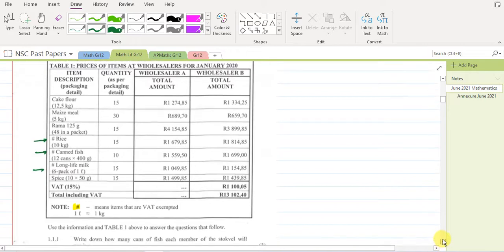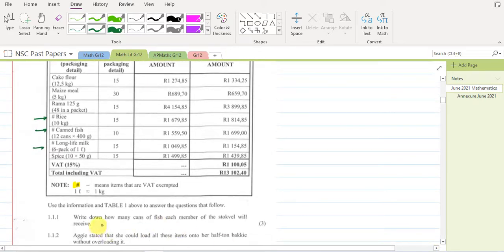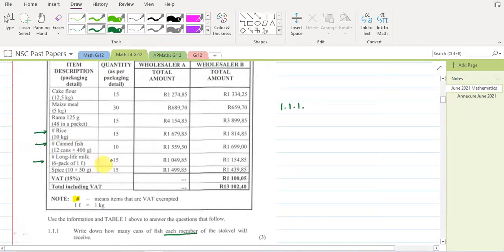So let us look at the first question, 1.1. Write down how many cans of fish each member of the stock fair will receive. So we are dealing with canned fish, so 1.1.1. How many canned fish do they buy? They buy 10 packs. Now the quantity is 10, and in a pack there are 12 cans, right?